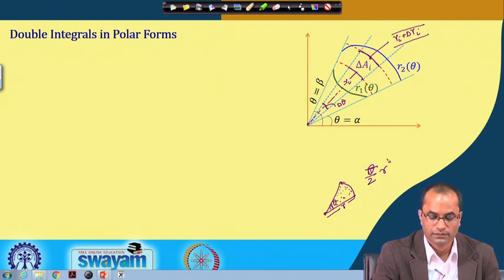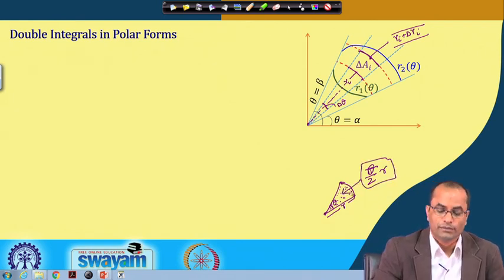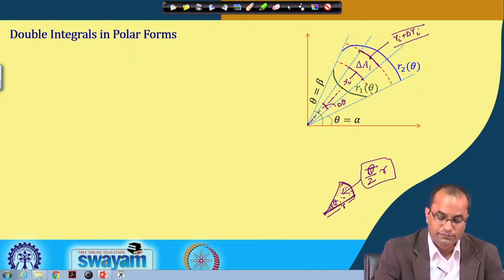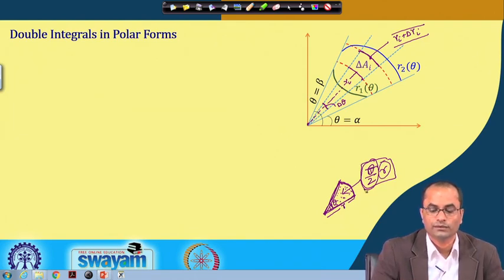So, the area of this region bounded by the circular arc, which makes an angle theta at this point, will be theta by 2 into r square. We will be using that now in this consideration.